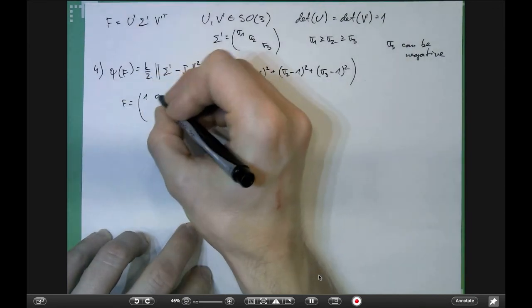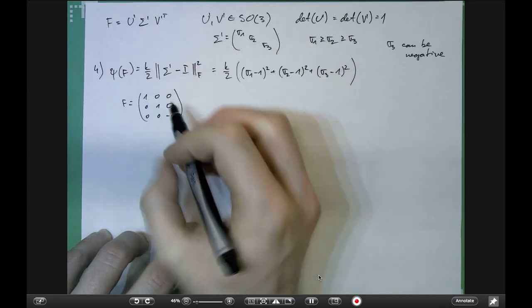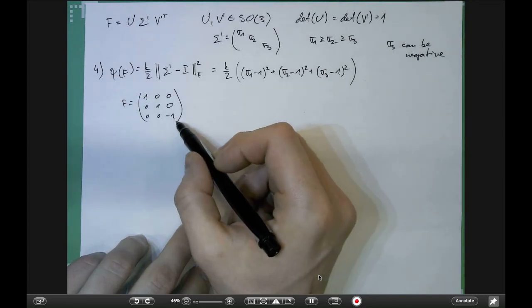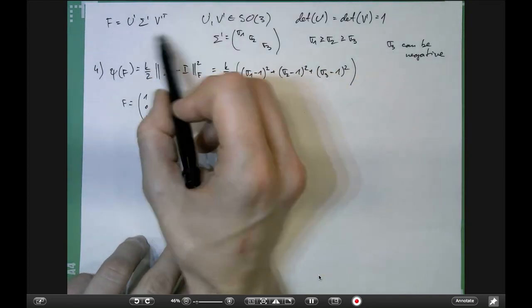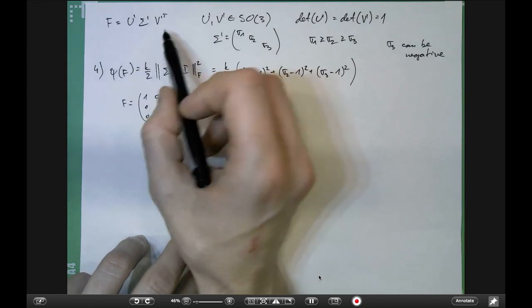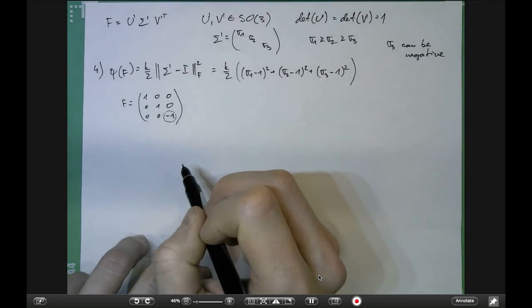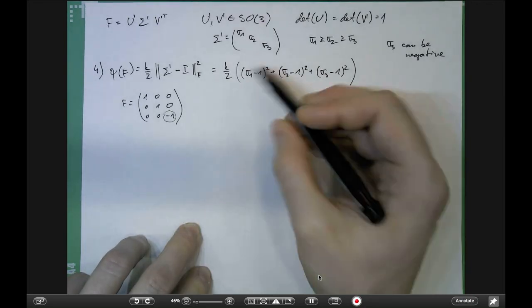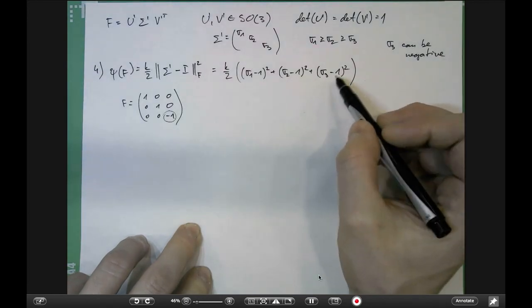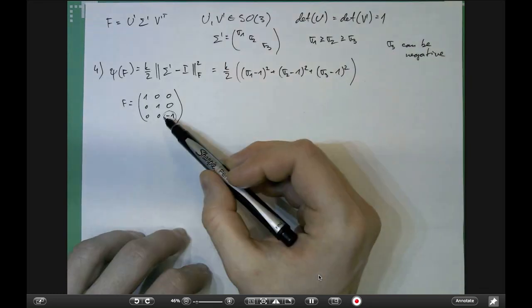If I have this thing, it is already its own SVD because it's a simple matrix. And this is actually this nice rotation corrected SVD, and this sigma 3 is -1. So what will happen here? This will be 0, this will be 0, and this will be -2. So here you can see that this energy really is properly penalizing the inversion.